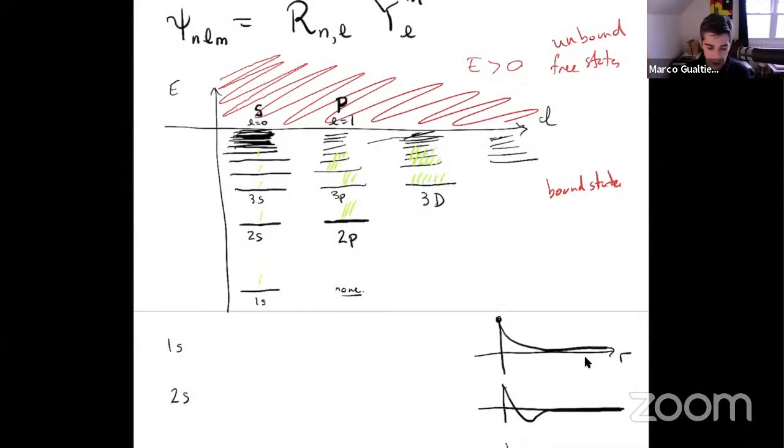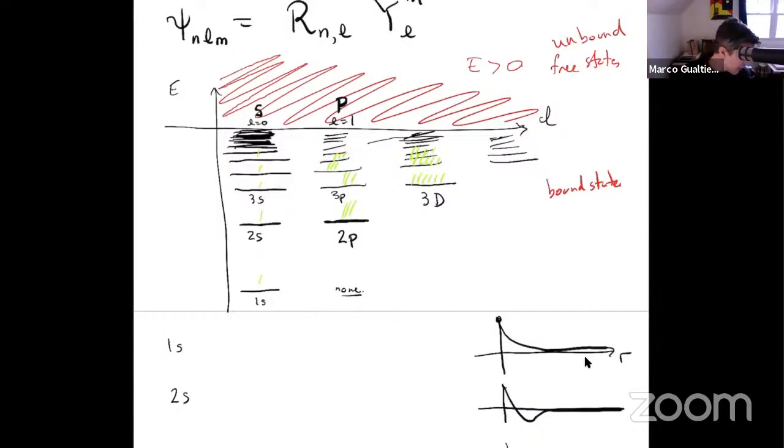It turns out that you cannot drop from here to here. That's not possible. It turns out that you can only drop from here to here, or from here to here, or from here to here. Why is this?